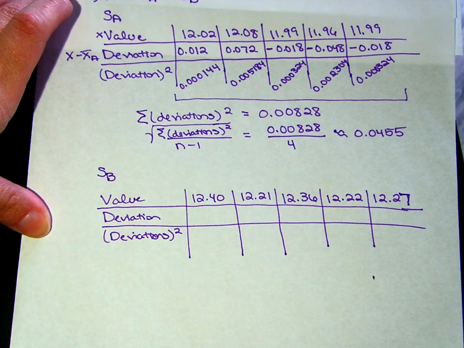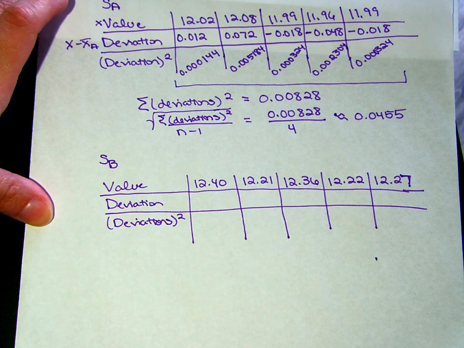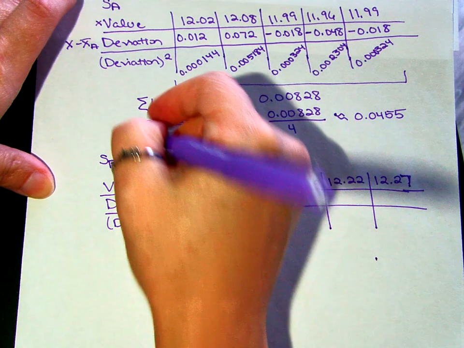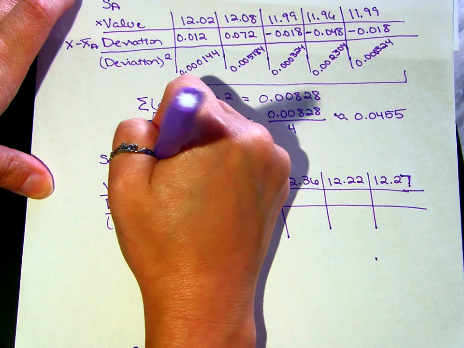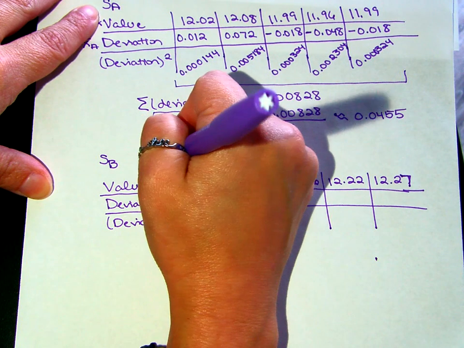Now, remember that our mean for B was 12.292. So when we're finding our deviations, we're taking the value and subtracting that.